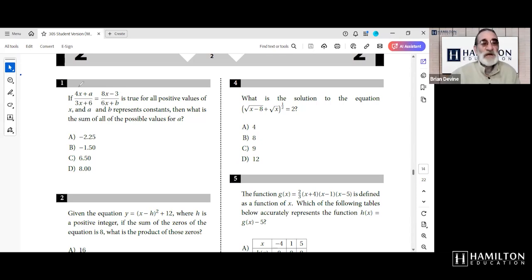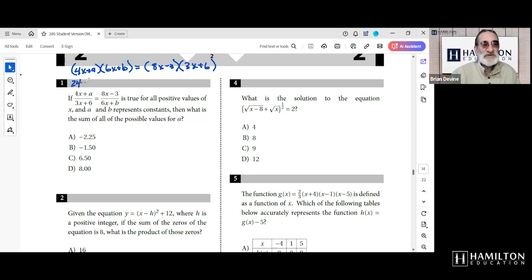If I cross multiply, I'm going to get 4x plus a times 6x plus b is going to equal 8x minus 3 times 3x plus 6. And then I'm going to FOIL out both sides and just compare coefficients.